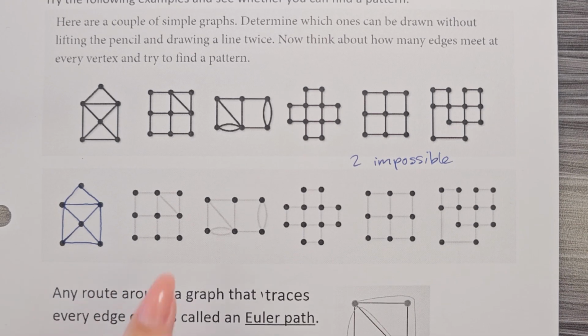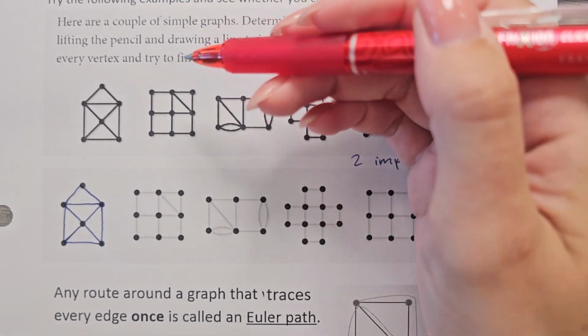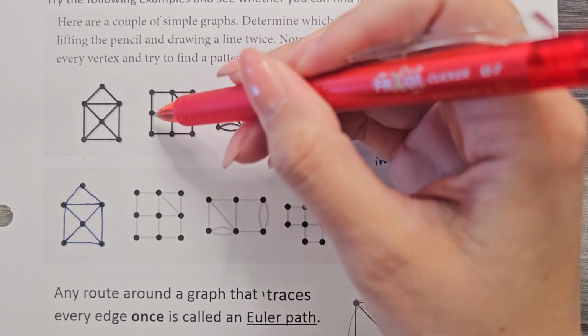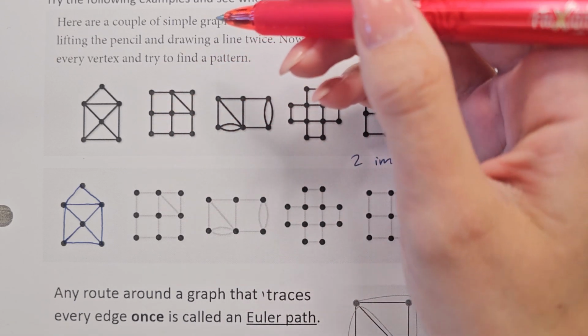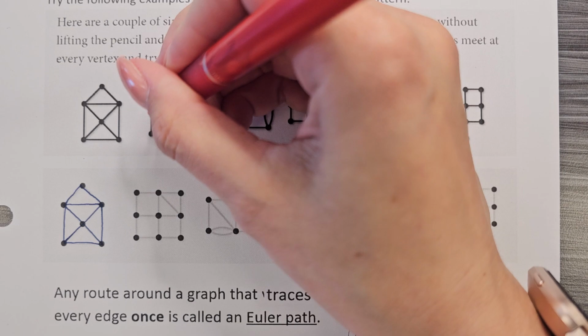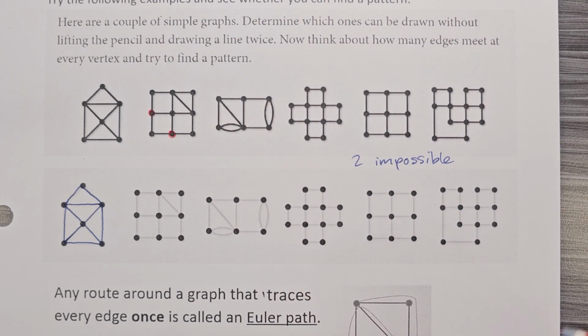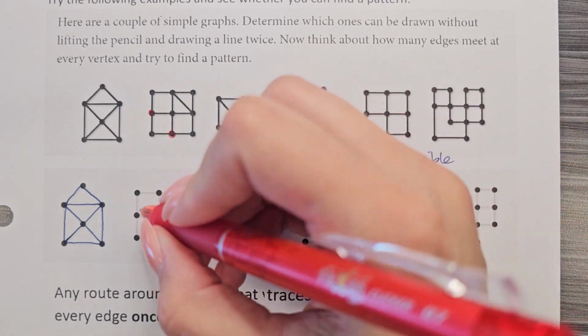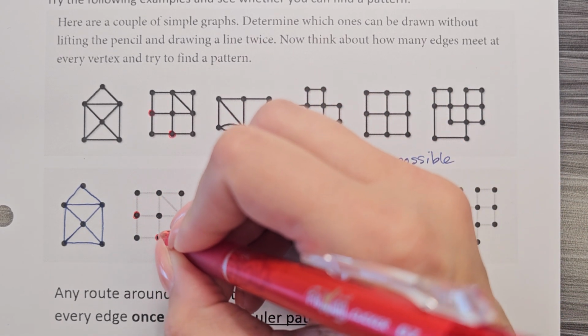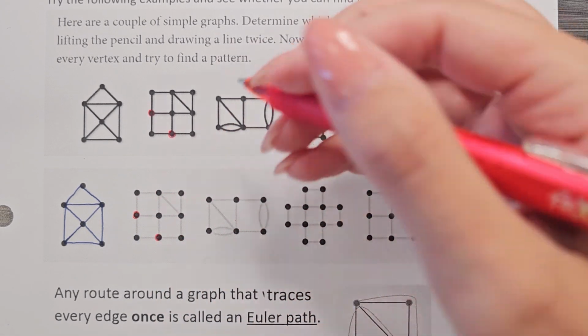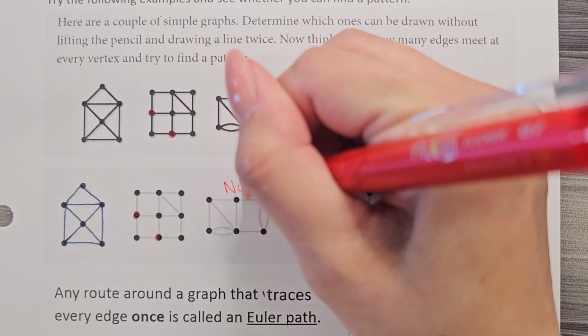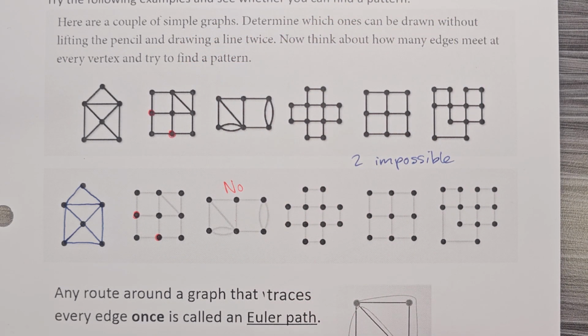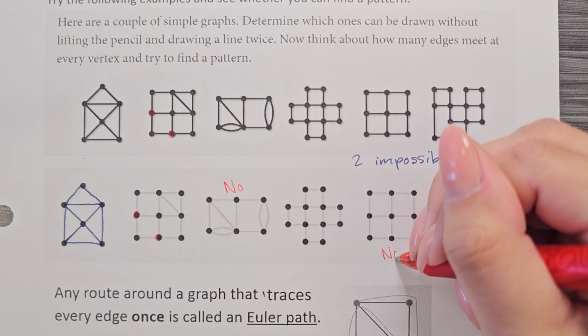The second graph was also possible. You could have started either here at the bottom or here on the left, and it should work. So try one of those starting points to see if that helps give you a clue if you couldn't figure that one out. And then on this one, I will tell you that this was one of the impossible ones, so we could not do that one. This is the other impossible one.